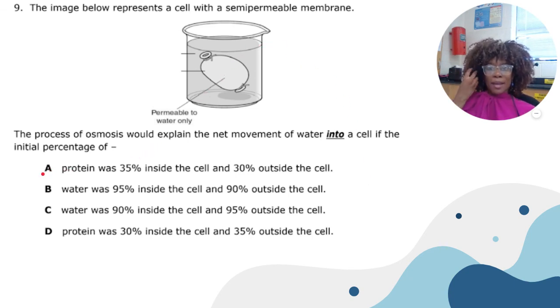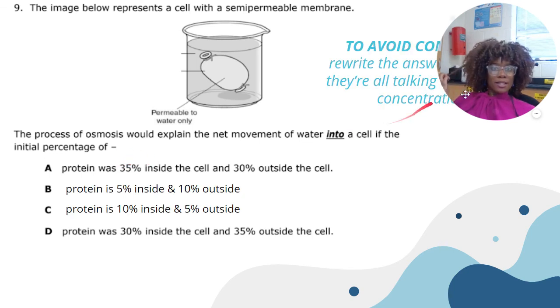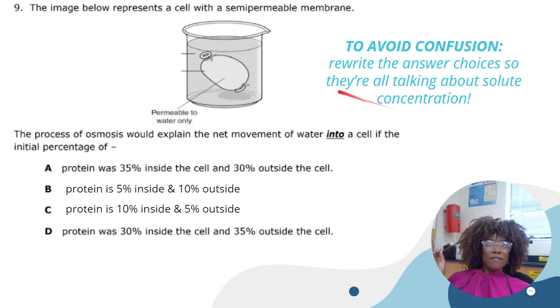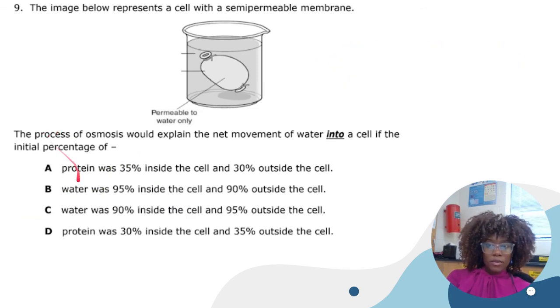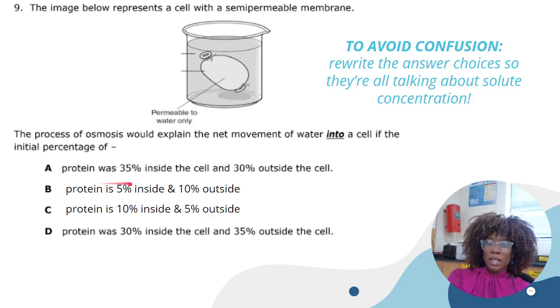So for example, in A, if protein is 35%, then that means that water must be the other part of the 100%, if that makes sense. Like this. So to avoid confusion, you want to rewrite the answer choices so they're all talking about solute concentration. So before, water was 95% inside. That meant that protein is 5% inside, right?